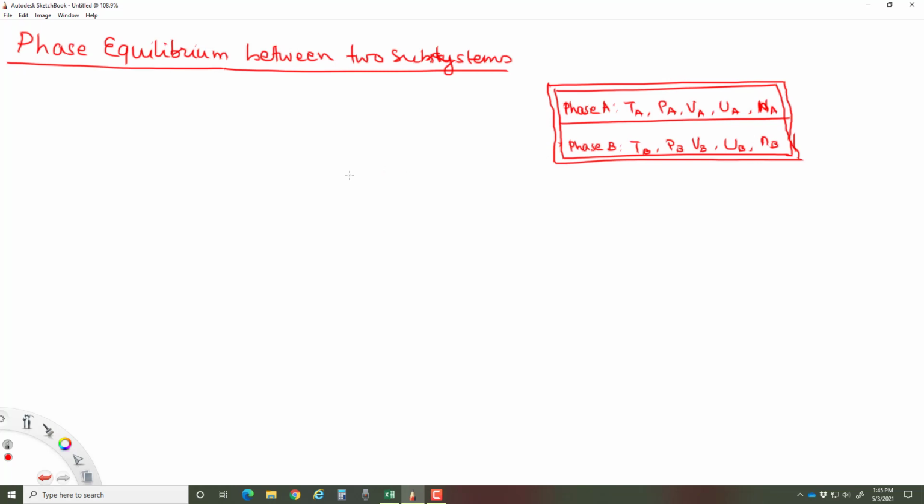Since there can be heat and particle flow between the two phases, or across the boundary between the two phases, the boundary will move and the boundary will evolve as the process undergoes.